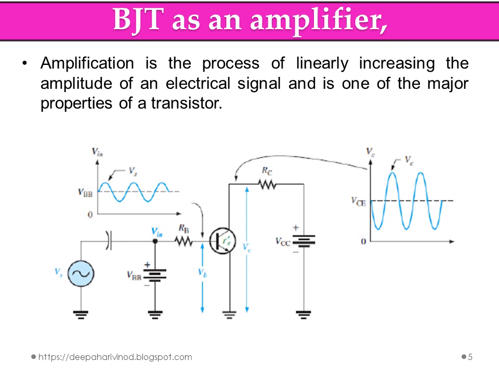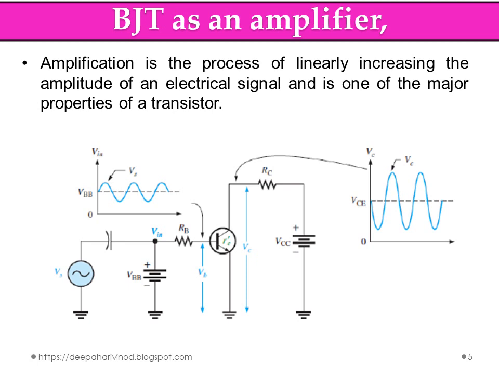Now let us see how the voltage amplification occurs. As we know, IC equals beta times IB, and IB is a very small current. So we can say that IC is approximately equal to IE.